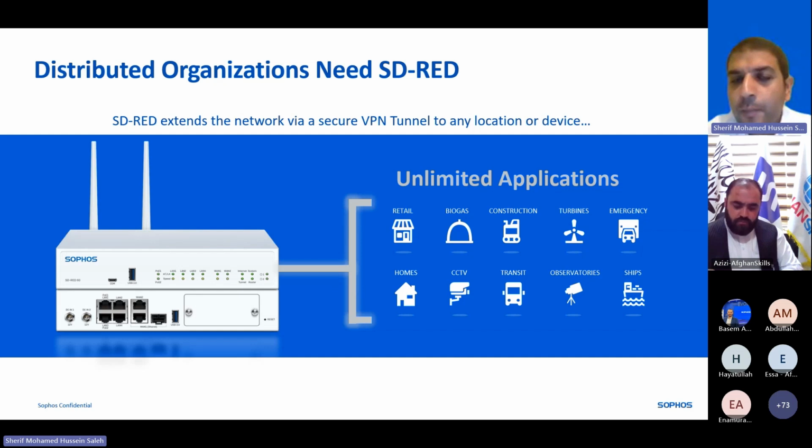If we need application-based load balancing, we recommend not to implement the SD-RED; a small firewall that has visibility on the applications would be better. But the RED provides equal load balancing capabilities. It provides failover, and the tunneling is not IPsec based. It is TLS based, and this is proprietary for Sophos as well.